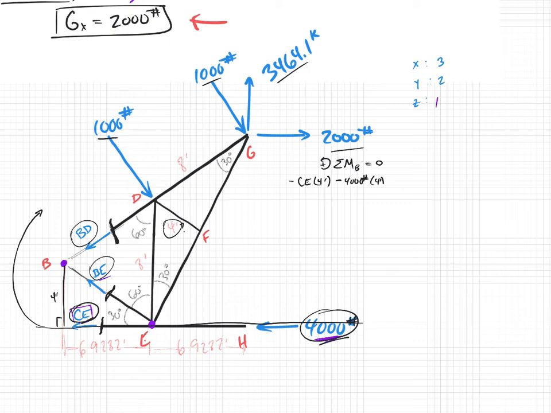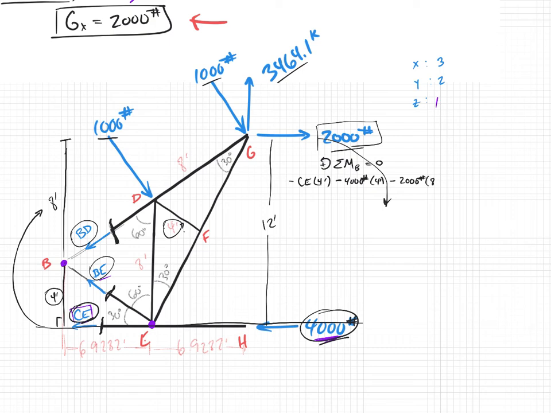Let's keep going around. We've got this 2,000 right here, and that's causing a clockwise rotation as well, so minus 2,000 pounds. Its moment arm is the distance from B up to G, which, if this is 4 feet and this is 12 feet here, means this is 8 feet.